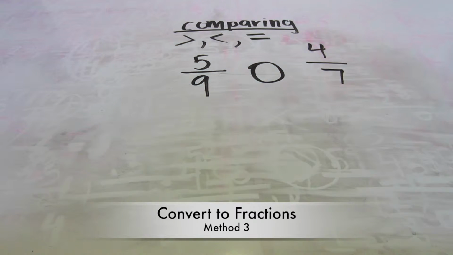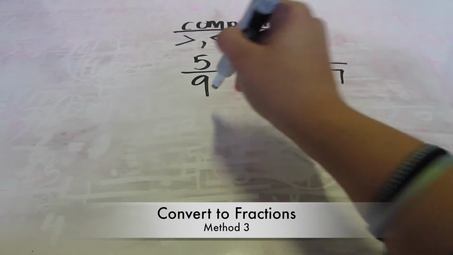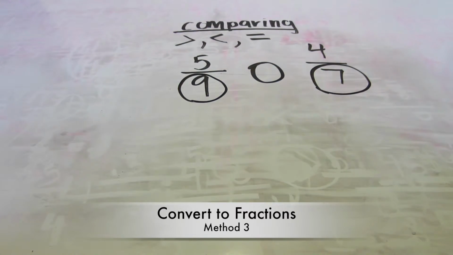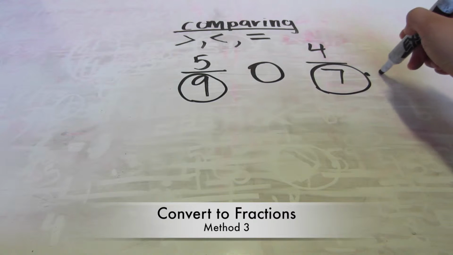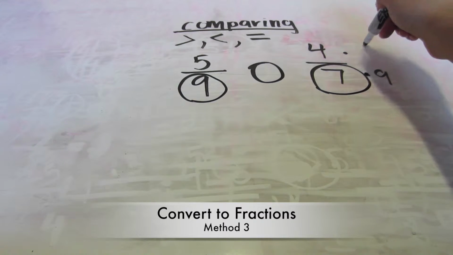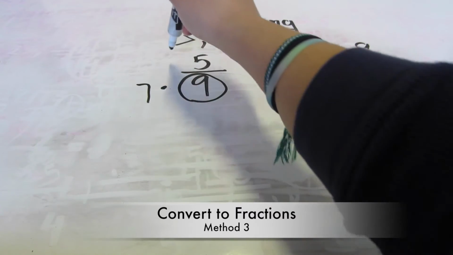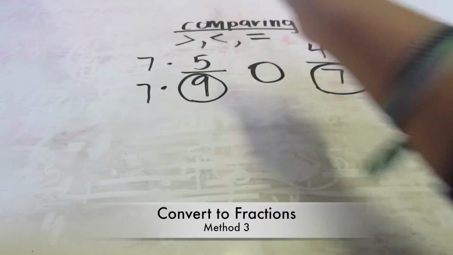So we're trying to find a common denominator. We look at 9 and we look at 7. We can try and think of the least common multiple that they have in common, or we can just multiply both of the numbers. We can multiply 7 by 9, and we multiply the numerator as well, and 9 times 7, and also the numerator as well.